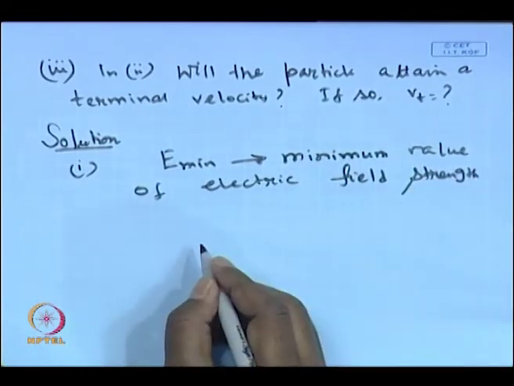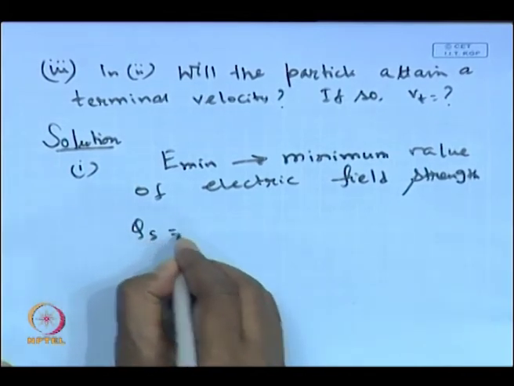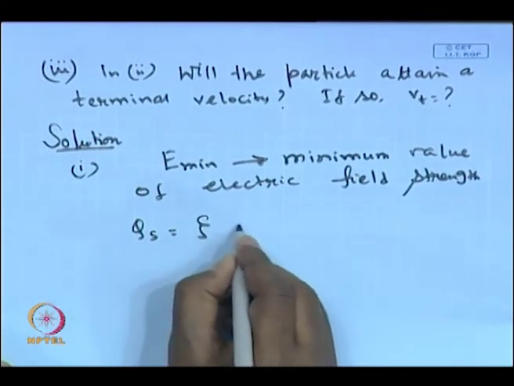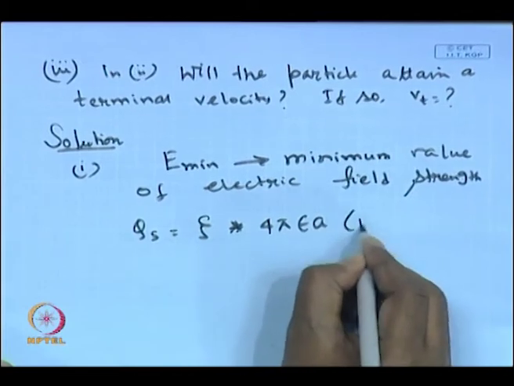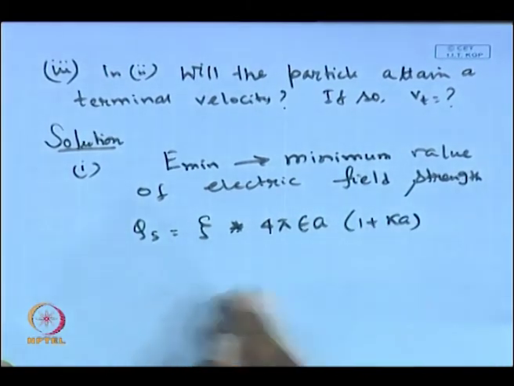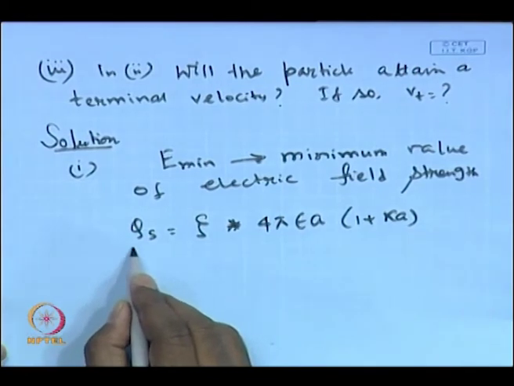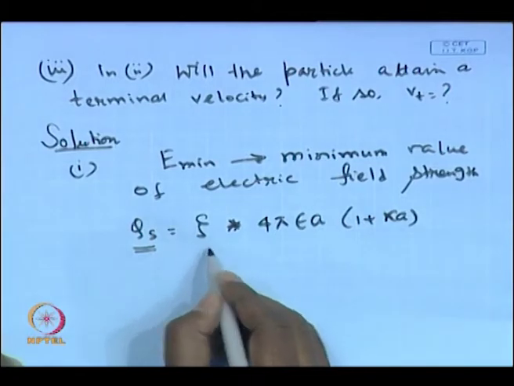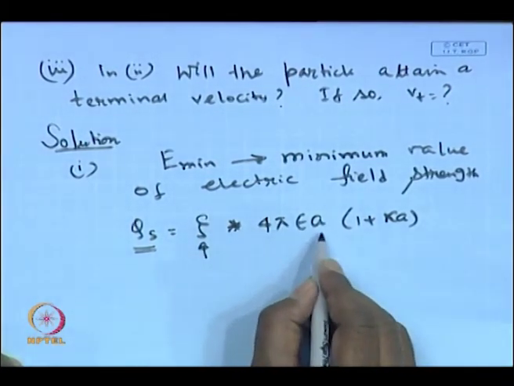of electric field strength. Then Q, the surface charge of the particle, can be found by zeta multiplied by 4 pi epsilon A into 1 plus kappa A. From this formula we can get the surface charge residing on the particle, because you are measuring the zeta potential, so the zeta value is known. 4 pi is a constant, epsilon is constant, it is water.